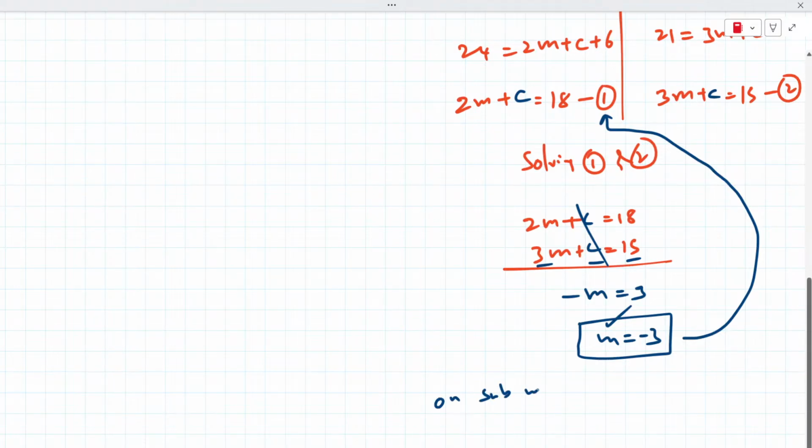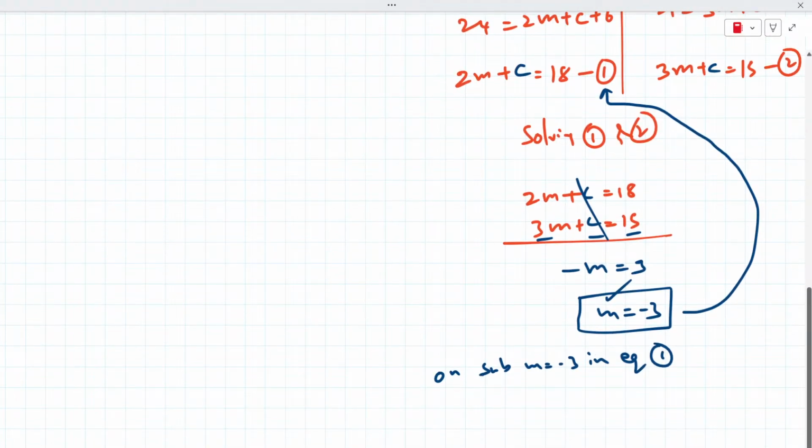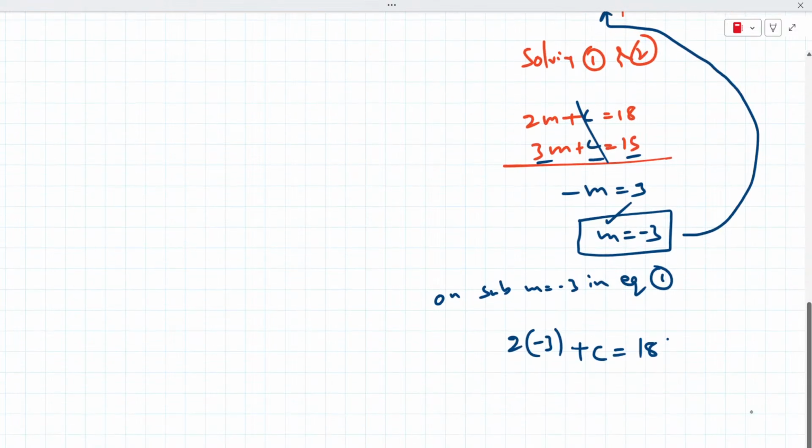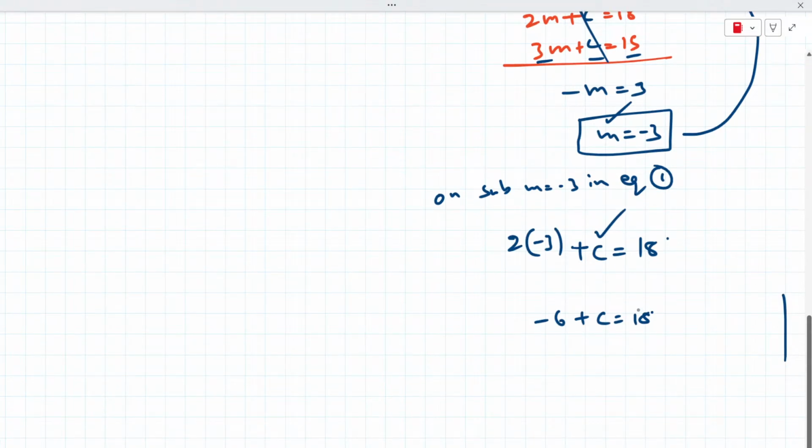On substituting m equals negative 3 in equation 1, I get 2 into negative 3 plus c equals 18. I need the y-intercept, c. So that's going to be negative 6 plus c equals 18, so c equals 24.